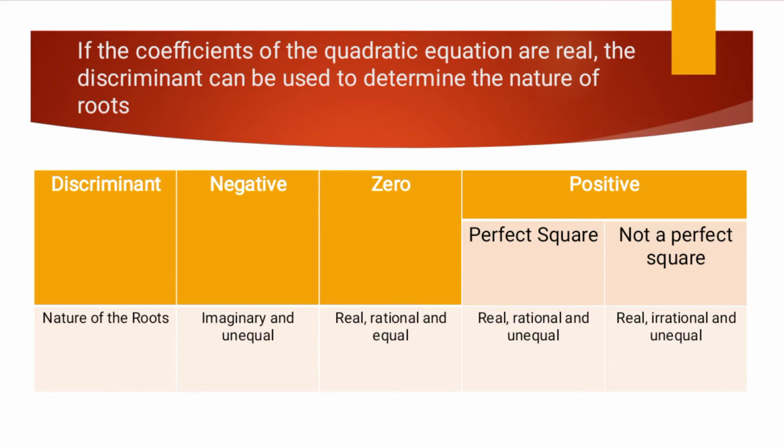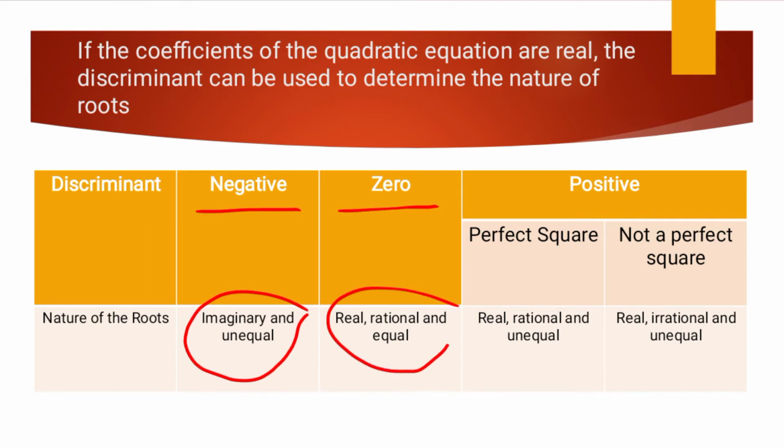So, if the discriminant is negative, ang nature of roots niya ay imaginary and unequal or no real roots. Next, kapag ang discriminant ay 0, ang nature of roots niya ay real, rational, and equal.